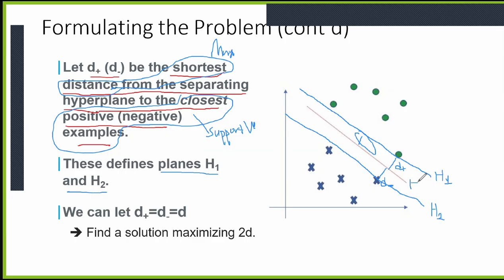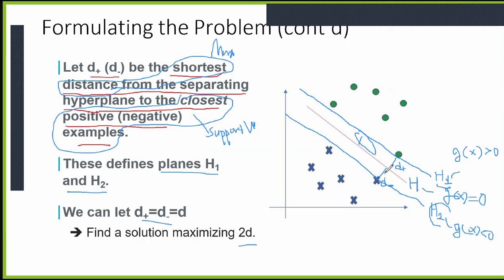So we have three hyperplanes. One is the central hyperplane, H, where the discriminant function yields a score of 0, and H1 will yield a score greater than 0, and H2 will yield a score less than 0.